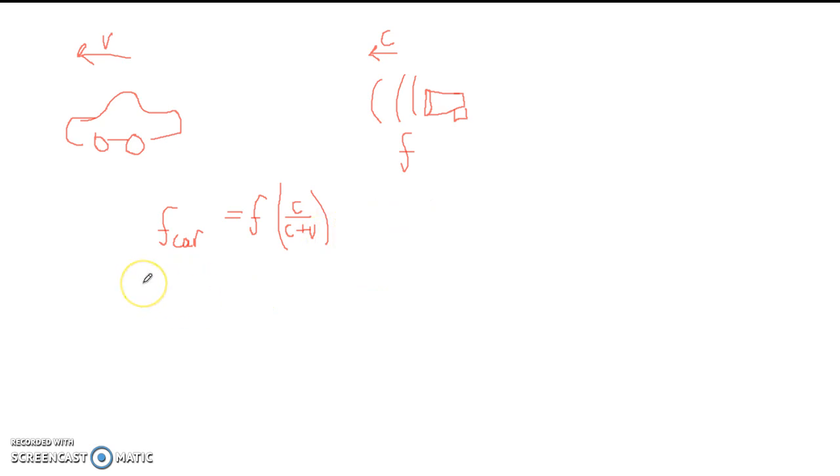So it's going to reflect and be like a source now that's moving. So this is a moving observer, a moving O. All right, now we have a moving source.